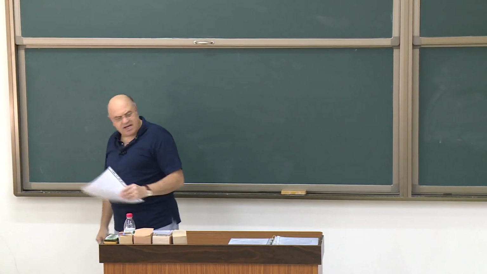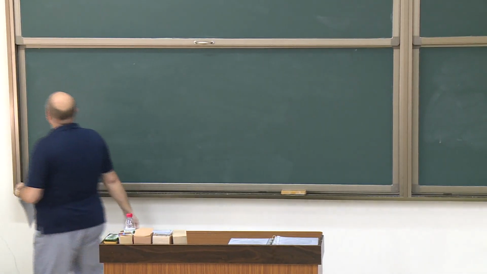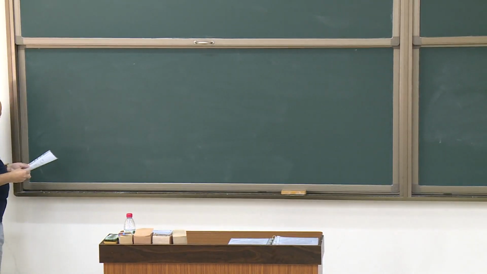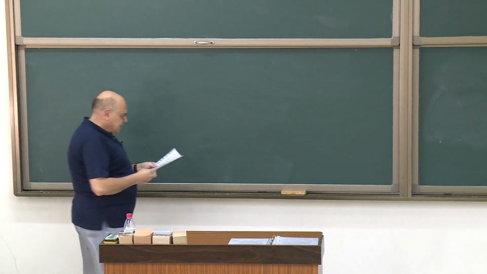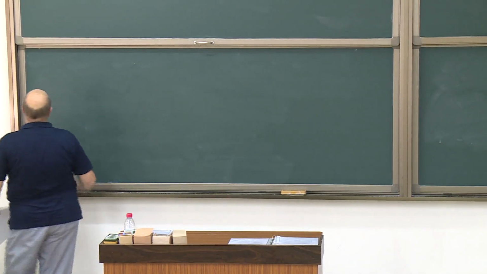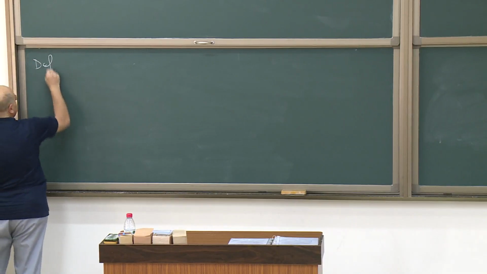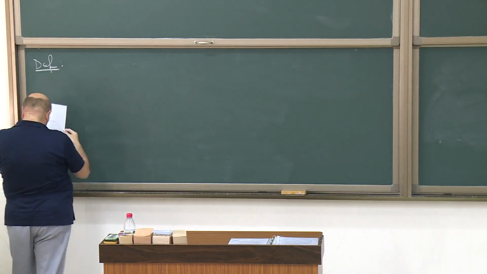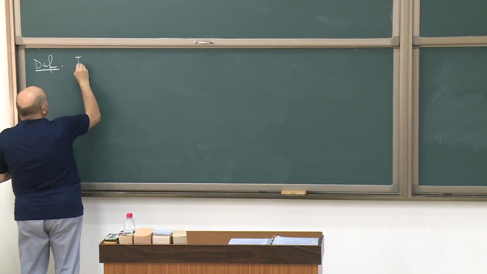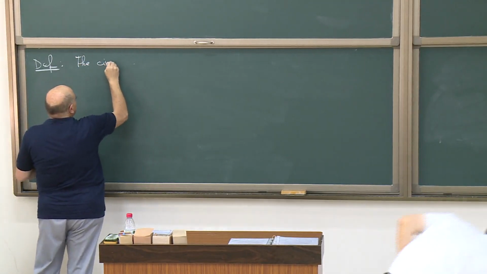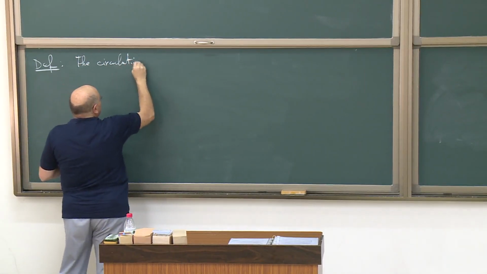So in order to get there, I need to introduce two or three basic definitions, and one of them is circulation. We already said it yesterday. The definition of circulation is the following. Circulation, gamma.